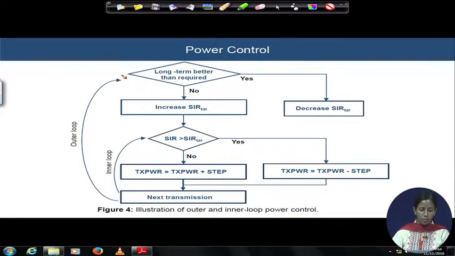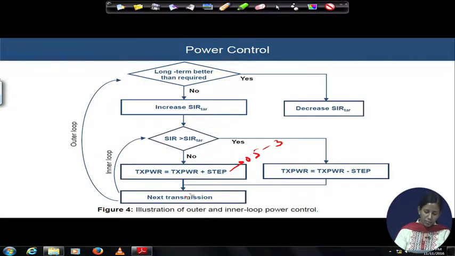And within the short duration, as I told, we check whether the measured SIR is crossing the target SIR. If it is not crossing, then you keep on increasing the transmit power slowly, one step at a time. The step size varies from 0.5 to 3 dB, and then you do the next transmission.